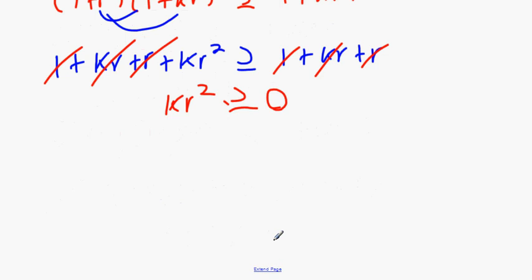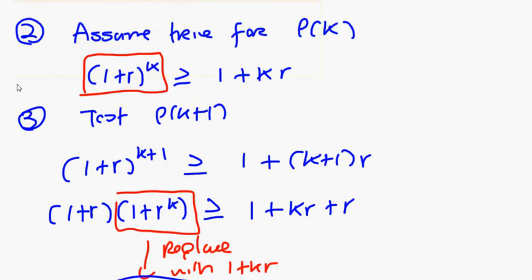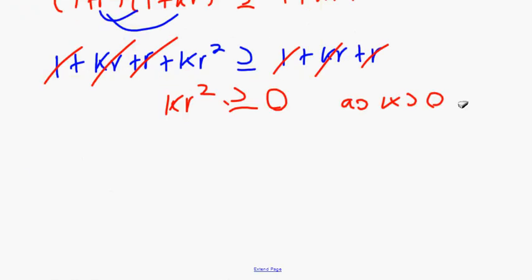so kr squared is greater than 0 as k is greater than 0 and k is an element of n, excuse me. k is an element of n and r is greater than 0.